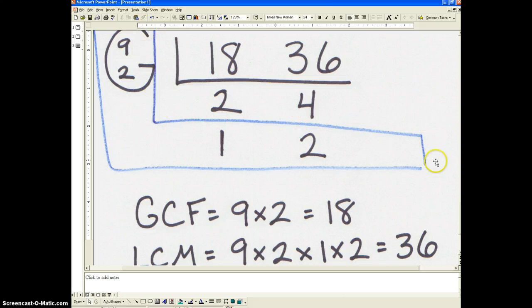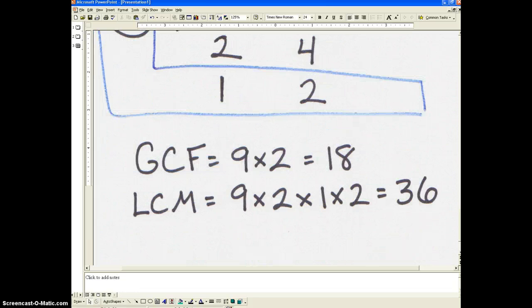I always like to draw the big L around those so that I remember that my LCM is the numbers in that giant L. My GCF is the numbers inside the big G. So 9 times 2 from my G times 1 times 2. 18 times 2 is 36. Again, in one quick step, I found both my GCF and LCM.